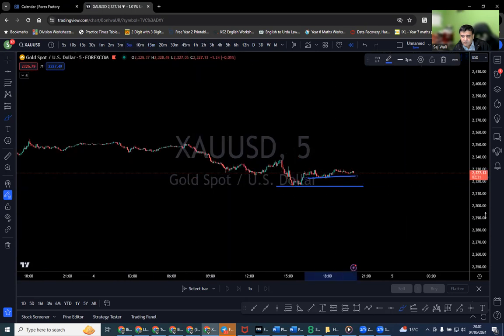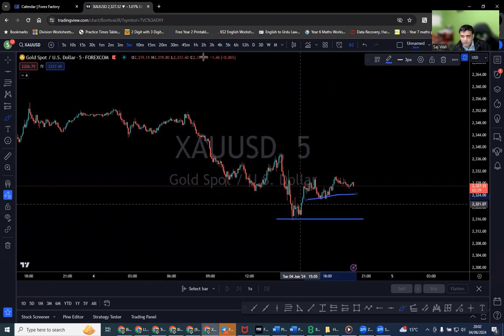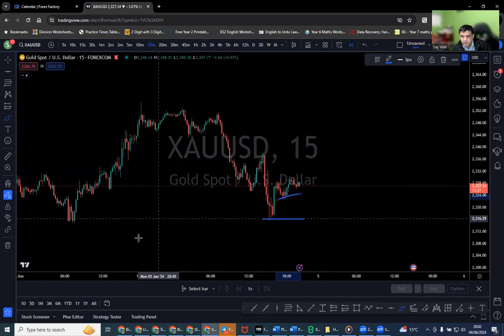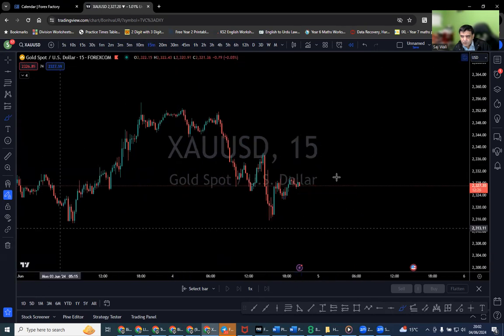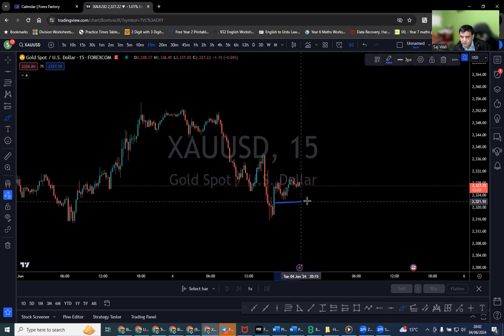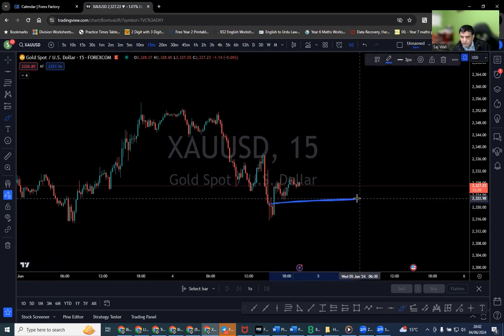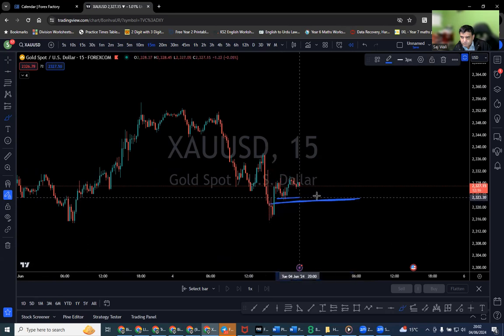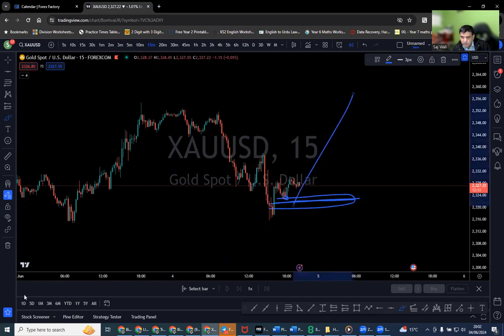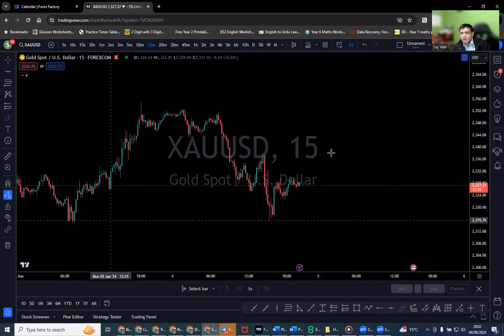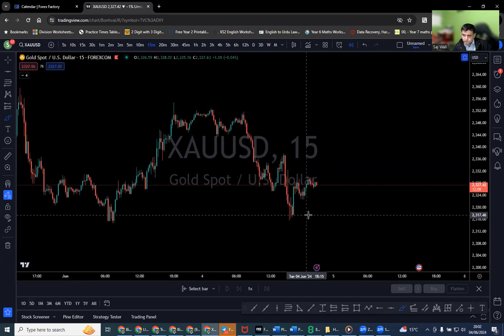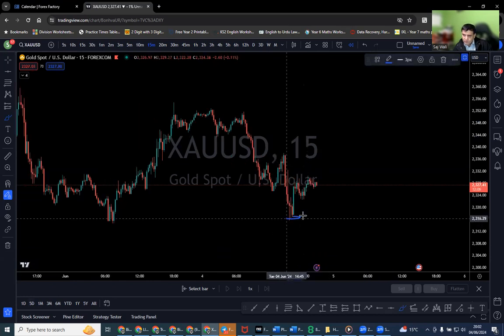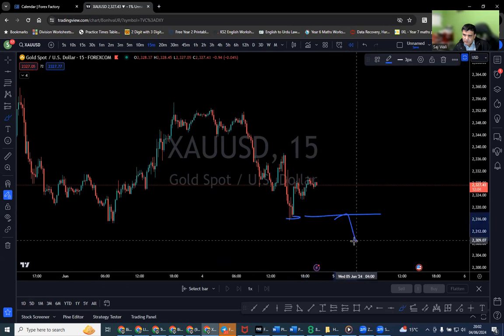And even in 5 minutes, you can see. Let's say 15 minutes, what can happen? In 15 minutes, probably a better trade will be from around here with the liquidity sweep of this, and we go for buy. However, if this level is broken, then up to 2300 we have a sell trade.